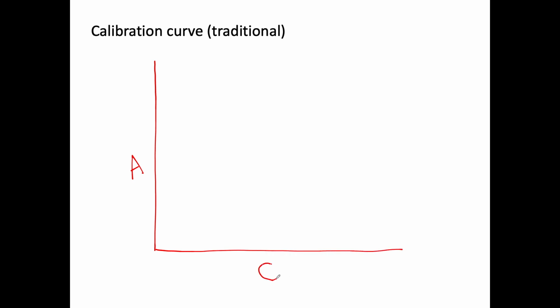In a typical visible spectroscopy experiment, one mixes up several standard solutions, each with a known concentration. The absorbances of these solutions are then determined with a spectrometer, and the absorbance is plotted as a function of concentration. So here we have an absorbance axis, and here we have a concentration axis, and for each solution of known concentration, we measure the absorbance.